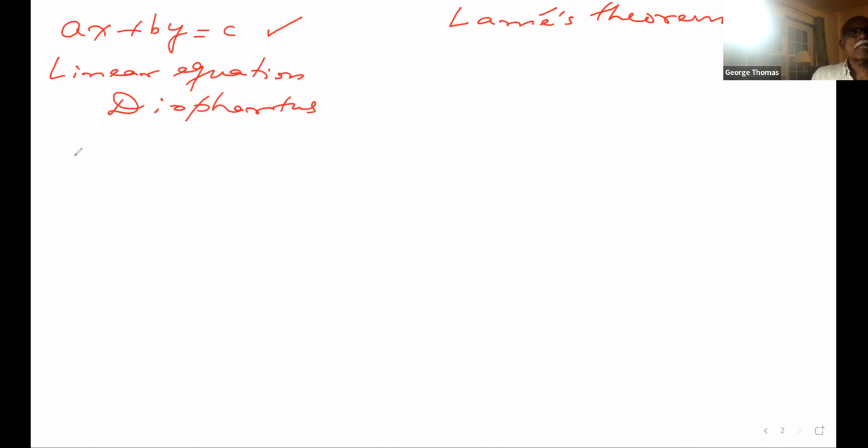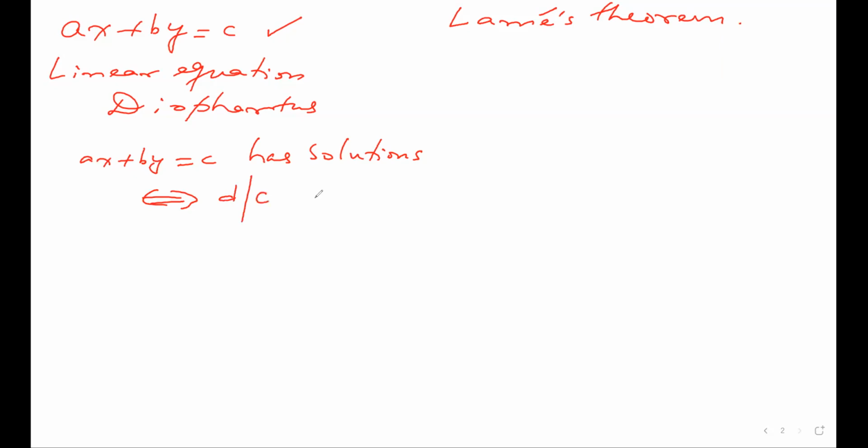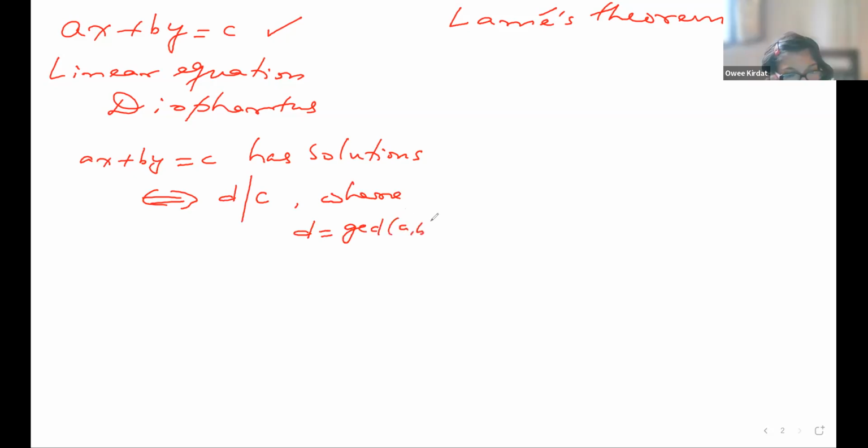And we proved that ax plus by equals c has solutions, it's already in the notes, guys, if and only if what? D divides C, where D is the GCD of A and B. We did that.